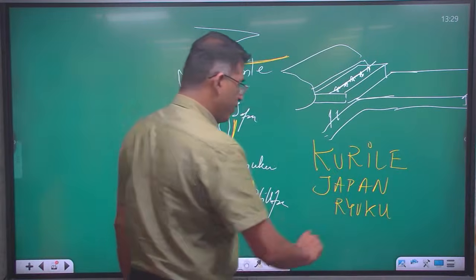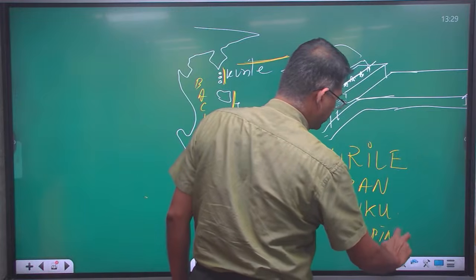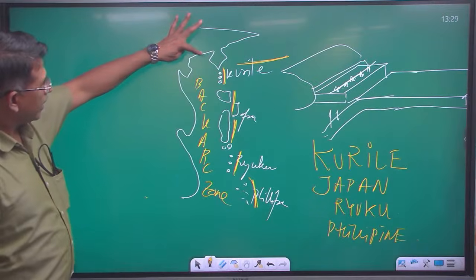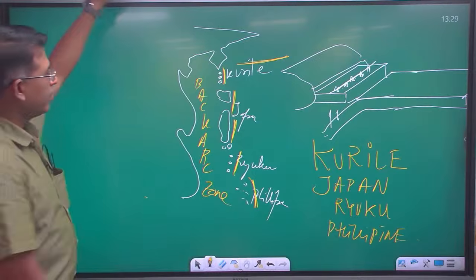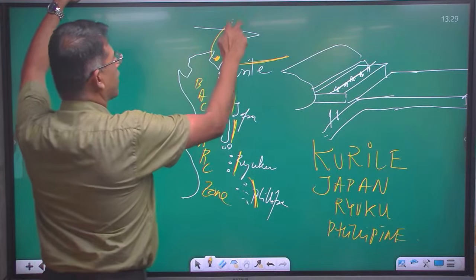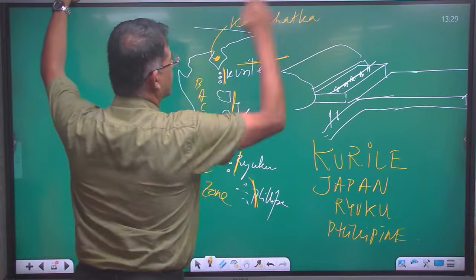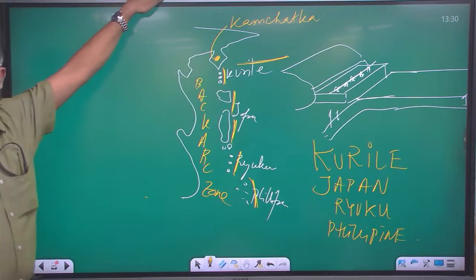And we have the islands of Philippines. So Kuril Islands and ये जो triangle peninsula है, it's called as the Kamchatka peninsula. ये काफी news में रहता है because of earthquakes, volcanism here and massive ones.